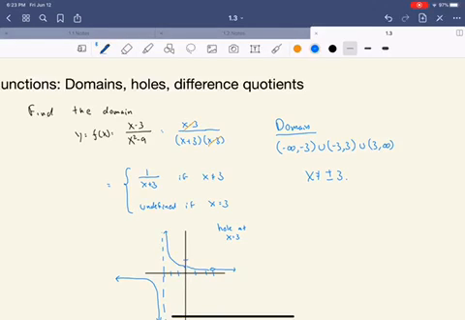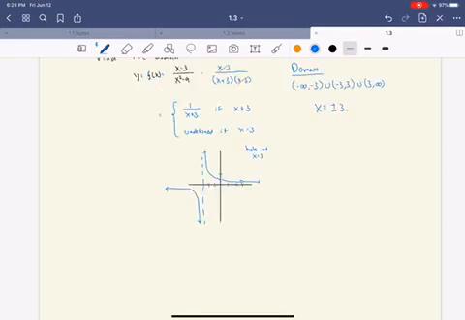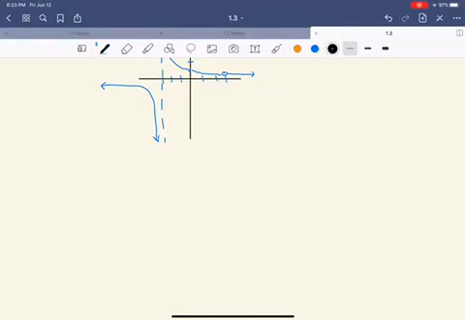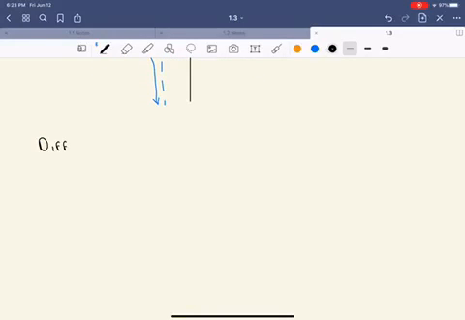All right. Next thing we're going to talk about is what's called the difference quotient. These are important for calculus.